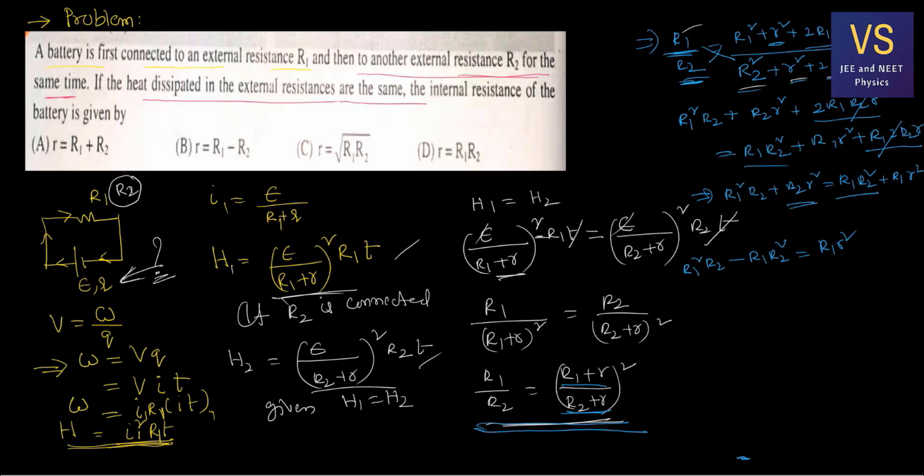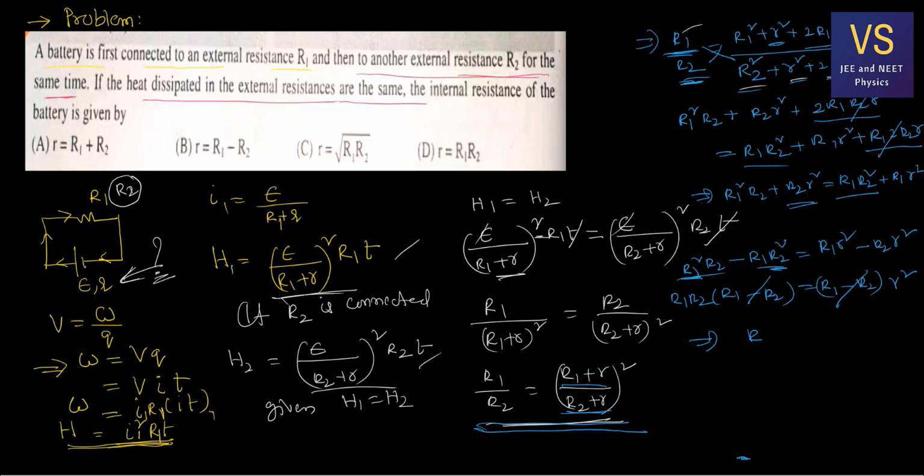Let's take this also to the other side. Minus R2 small r square. Let us take small r square common. R1 minus R2 of small r square. Let us take R1 R2 common in both the terms. Here one R1 will be remaining, here one R2 will be remaining. This R1 minus R2, this R1 minus R2 cancel.